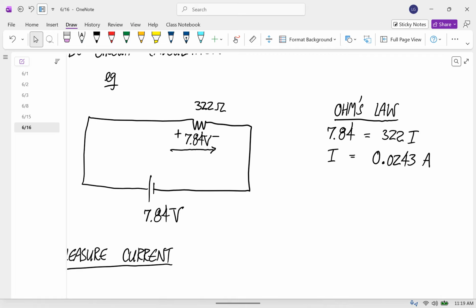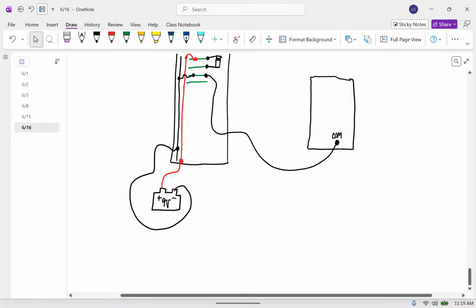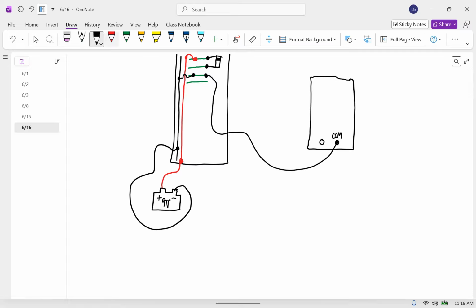Okay, so I'm going to put the red wire in the milliamps, and I'm going to connect to the negative of the resistor.